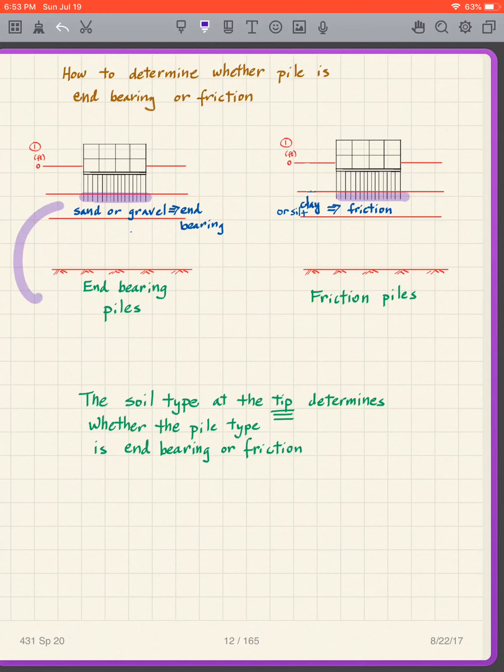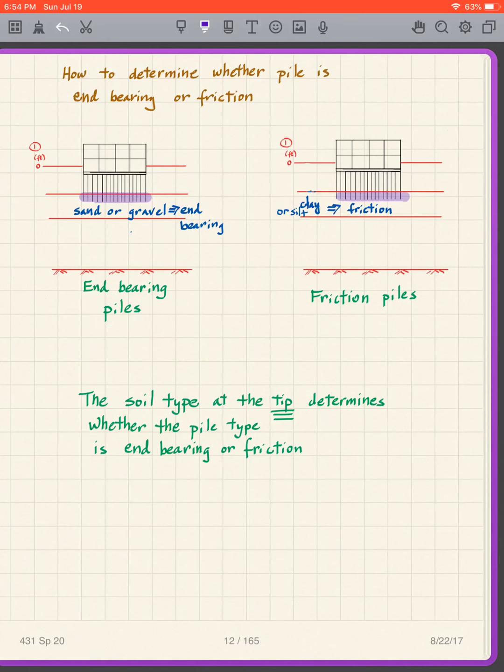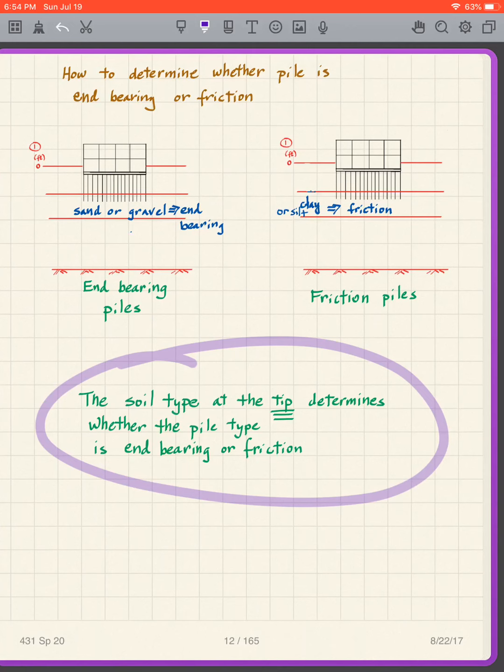If this layer is coarse-grained, which means sand or gravel, then we have end-bearing. If it's fine-grained, then we have friction. So the way to determine whether you have an end-bearing pile or a friction pile is you simply look at the soil type at the pile tip. So the soil type at the pile tip determines whether the pile type is end-bearing or friction.